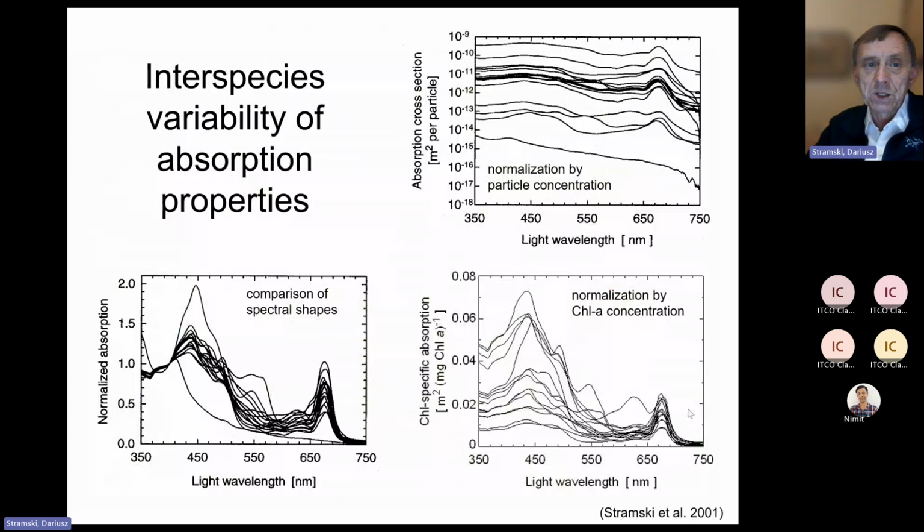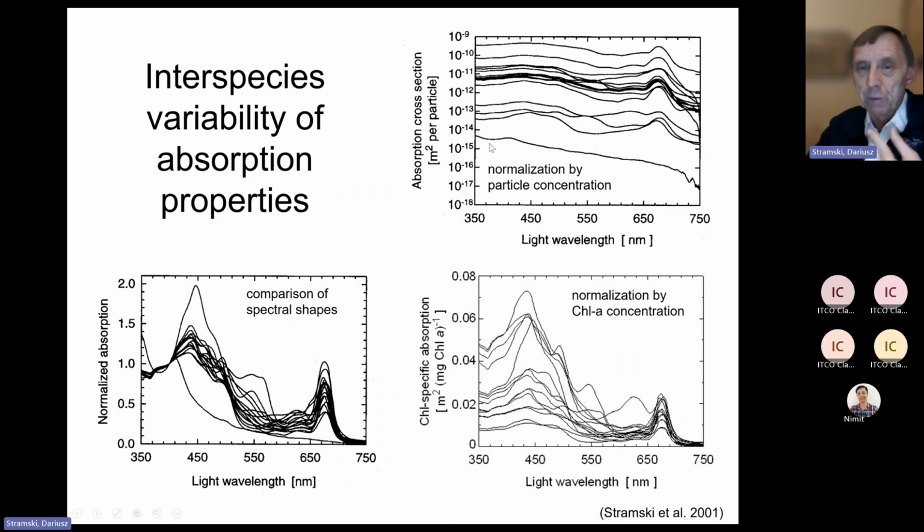Here you can see this interspecies variability in absorption properties, and 3 different graphical representations of absorption are shown. First are single particle properties. In this case, I'm showing not efficiency factors, but absorption cross-section, which is the product of the efficiency factor for absorption times the geometric projected area of the particle.